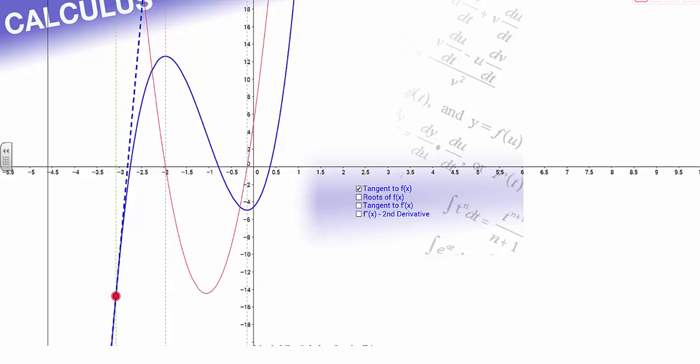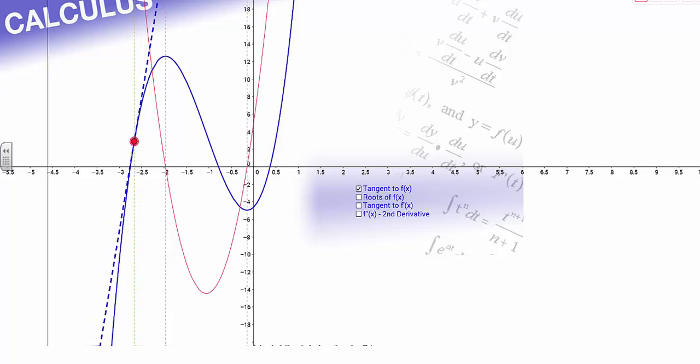The gradient is positive, but let's use those increasing, decreasing words. Over here, the gradient is positive, and it's a really large number because it's a very steep tangent. And you can see on the red graph, I am slowly moving down as we get closer to this turning point, to this stationary point.